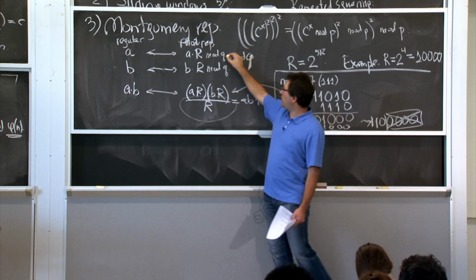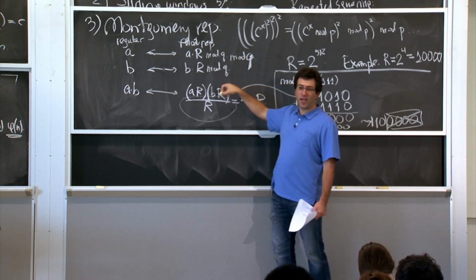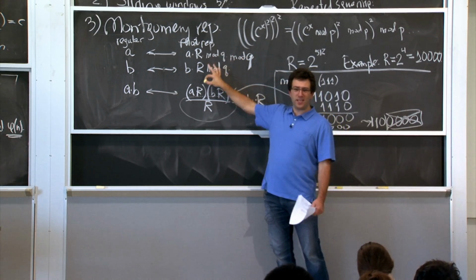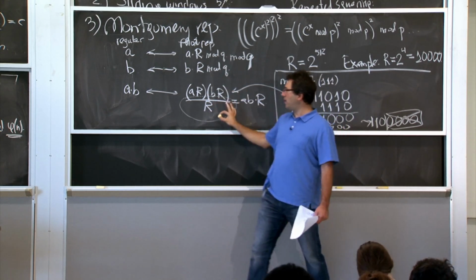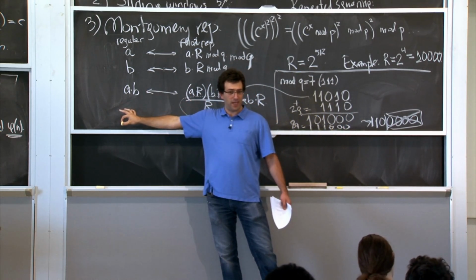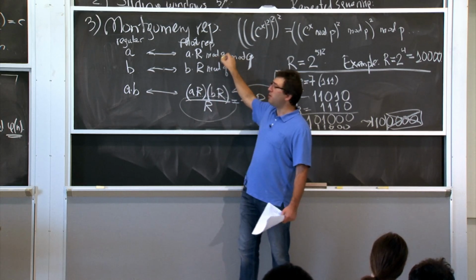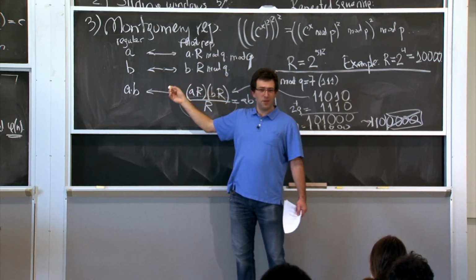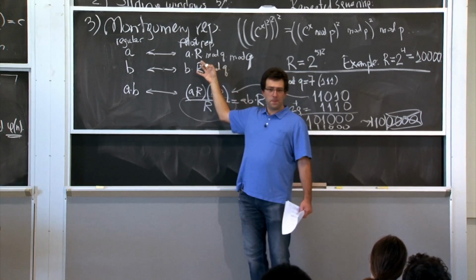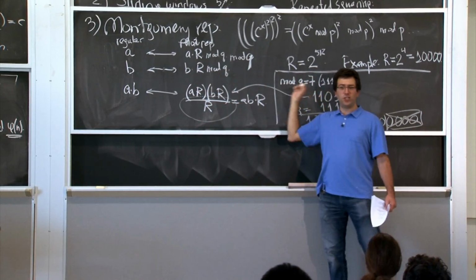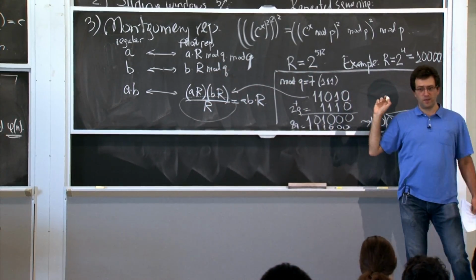So you do these mod q twice, and then you get a lot of cheap divisions if you stay in this form. And then you do a division by r to get back to this form again. So instead of doing 500 mod q's for every multiplication step, you do it twice mod q, and then you keep doing these divisions by r cheaply using this trick.